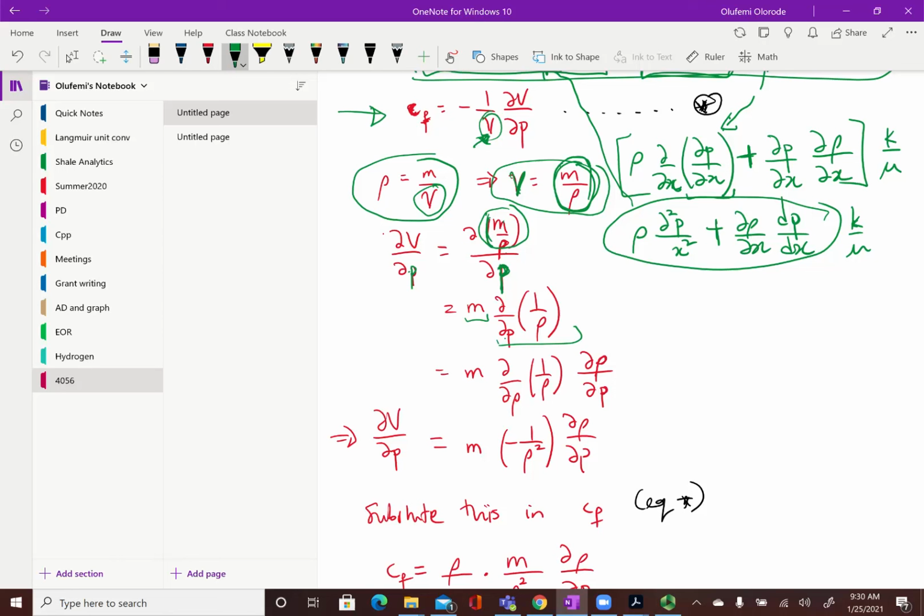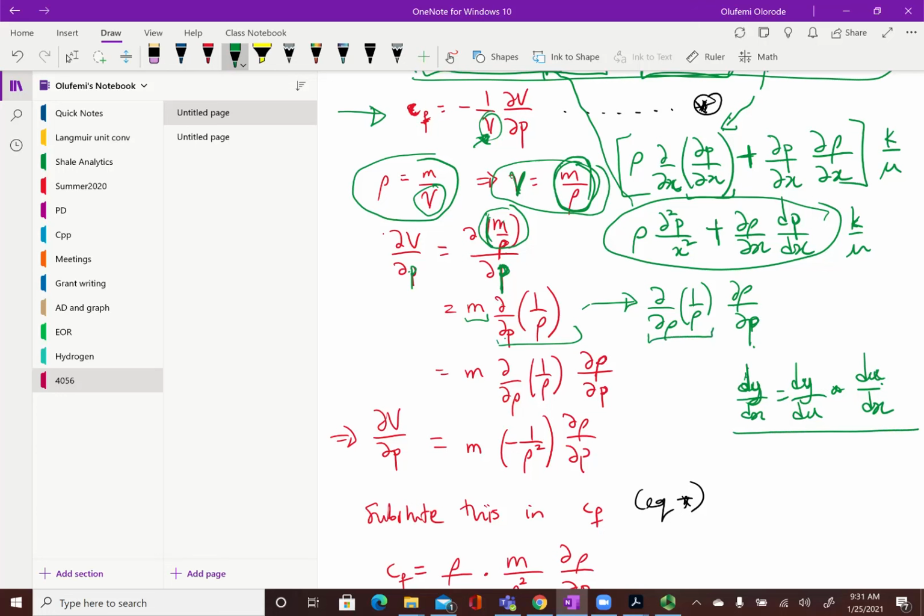How do you differentiate that? You can use the chain rule: dy/dx equals dy/du times du/dx. Here, rho plays the role of u, and that gives us this.